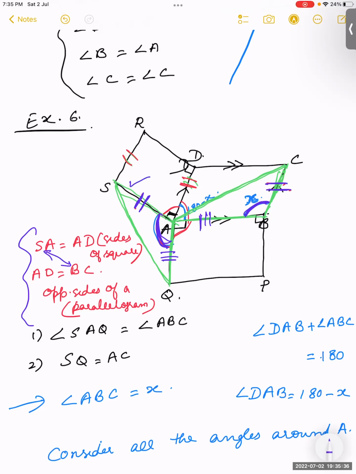Based on side, angle, side, these two triangles are congruent. Can I prove or not? Shreya, did you get this? Yes, ma'am. So based on congruency, SQ is equal to AC. Because these two triangles are congruent, you can write SQ is equal to AC and you're done.